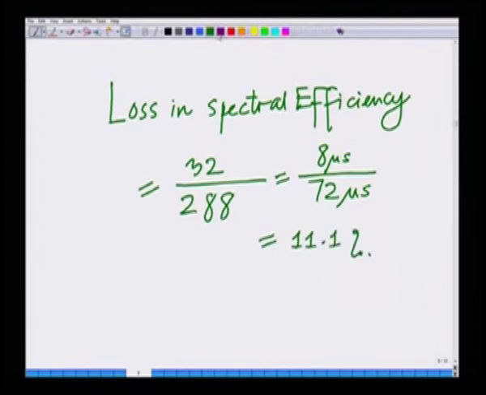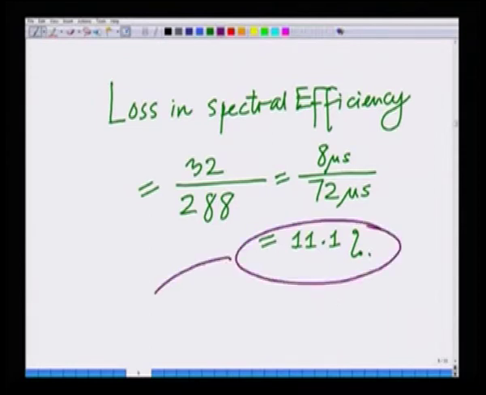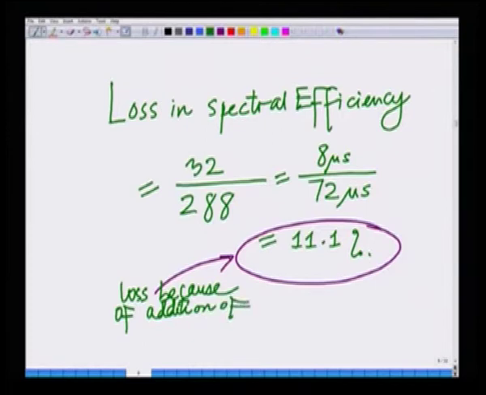So, roughly 11.1% is lost because of the addition of CP. This 11.1% is essentially the loss in the effective information rate of the system because of the addition of symbols in the cyclic prefix, which themselves convey no information. And as we saw, this loss can be progressively brought down by increasing the number of subcarriers.